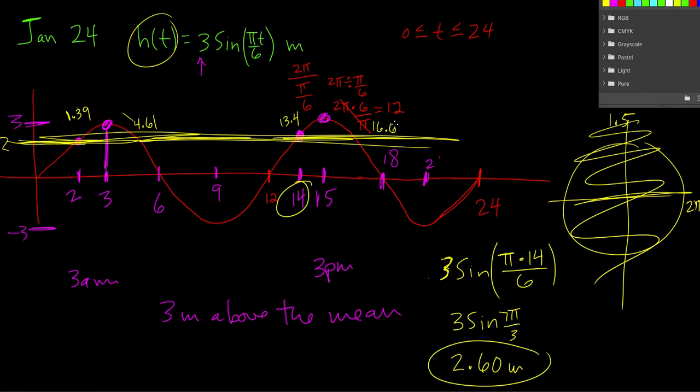Okay, so the ship can cross when it's above those points. Your book gets super exact about this. But in between 1.39 to 4.61, remember those are times, so that's kind of weird, but 13.4 to 16.6.